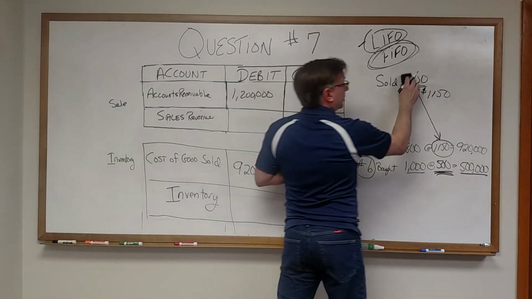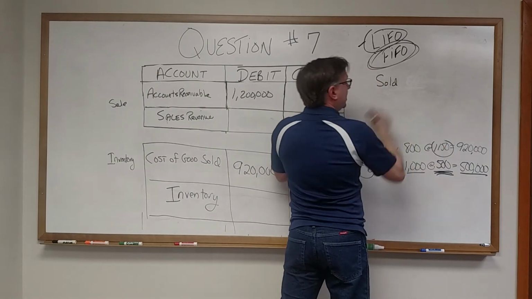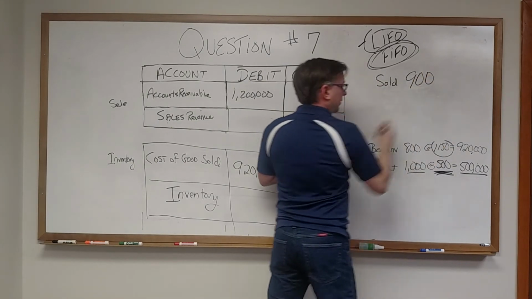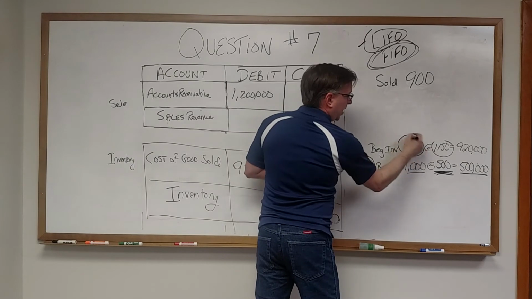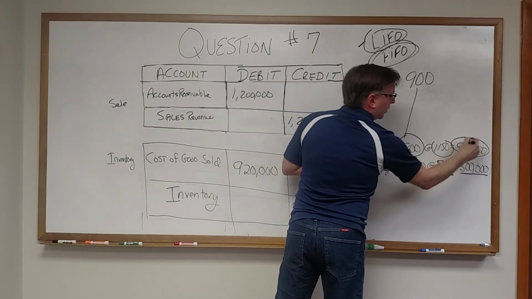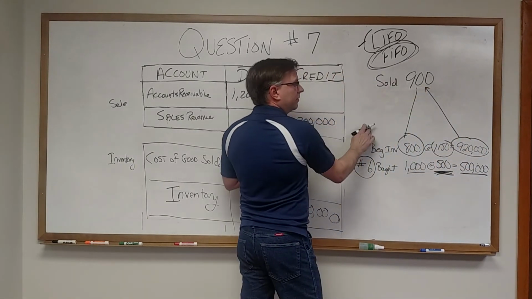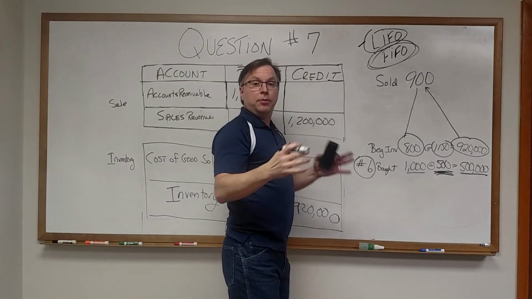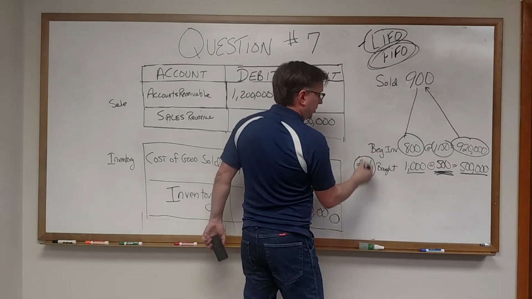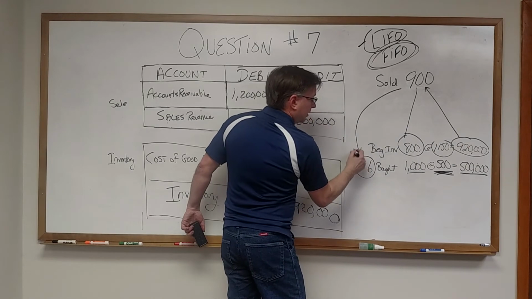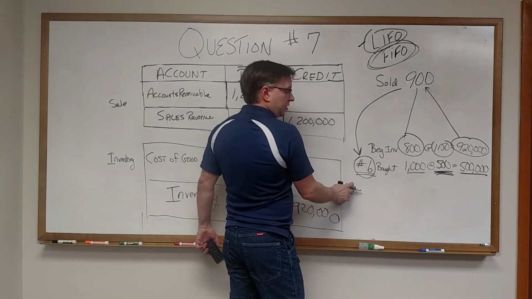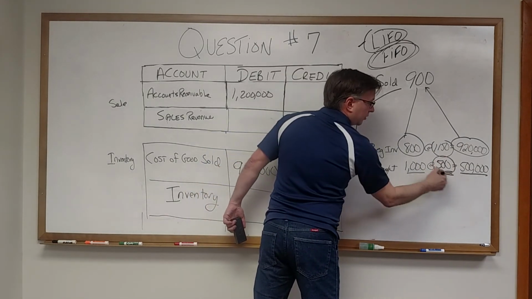Now, if it was 900 units in FIFO, that means this whole 800, or $920,000, would be part of it, but we still got to come up with another 100. And that 100 would be coming from the purchases we did on question number 6 for $500.